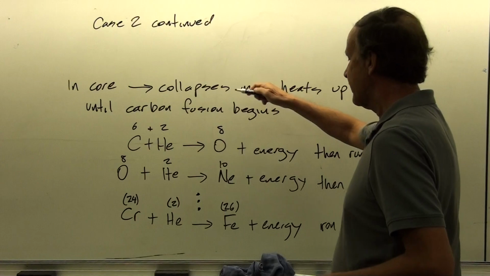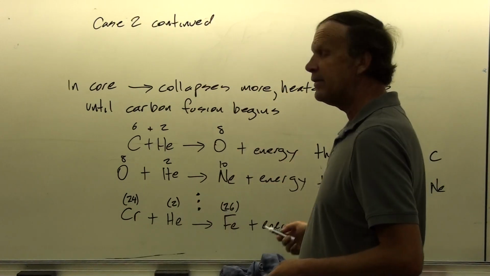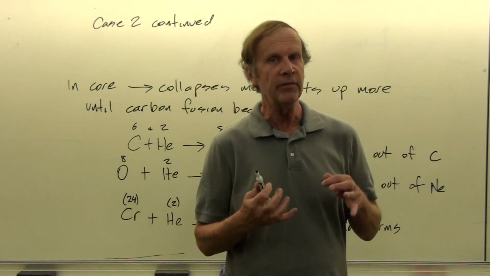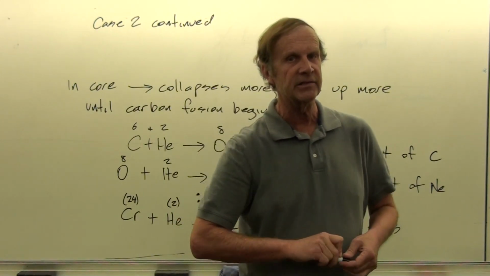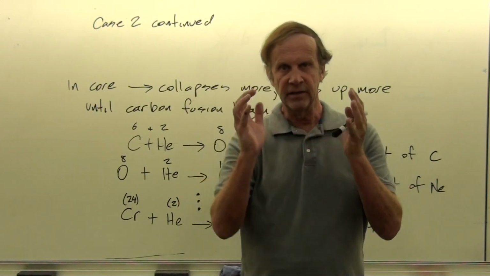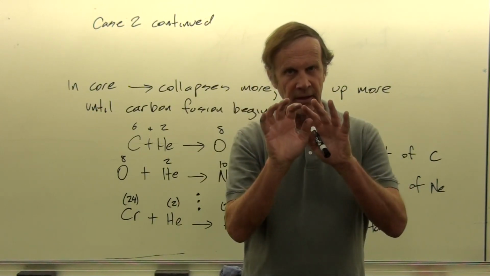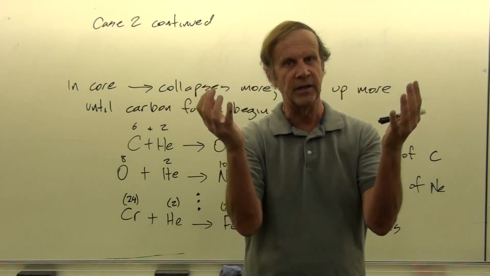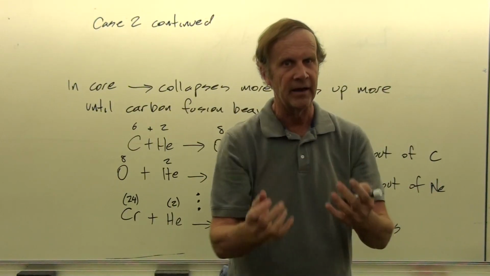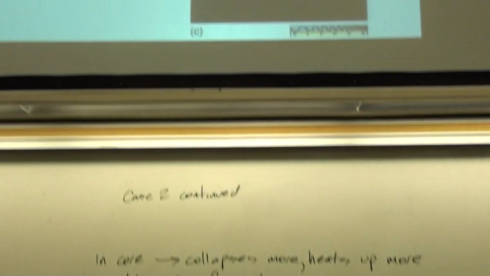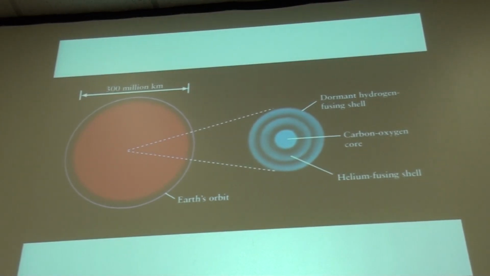And so that means that we don't necessarily just have one reaction going on at a time, but rather we have all of these reactions taking place in concentric spherical shells, just as was the case with the helium turning to carbon, remember, for the red giant stage, and then the hydrogen turning to helium in the shell that was outside of that.